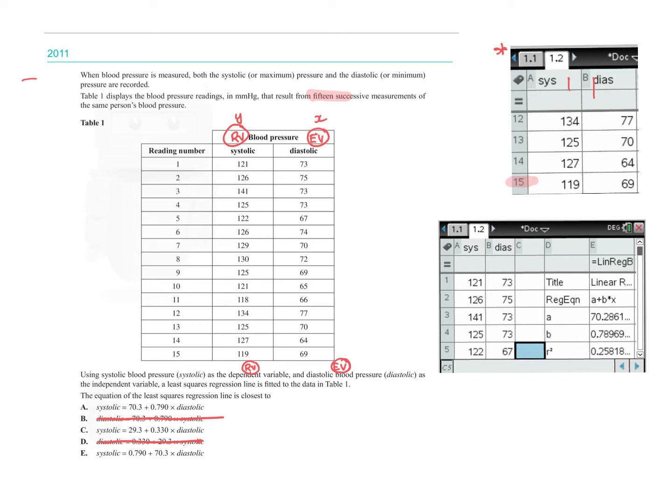And then I've just done a lin reg, and I've found the A value and the B value. So A is 70.3, so that's the only one there with that option, which is here. So we can go with that answer.